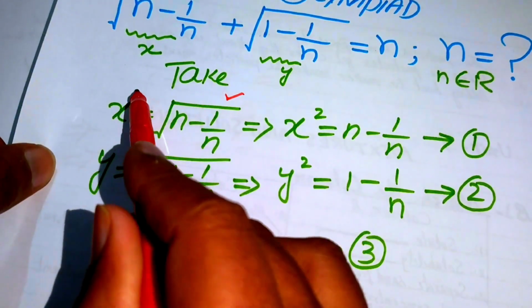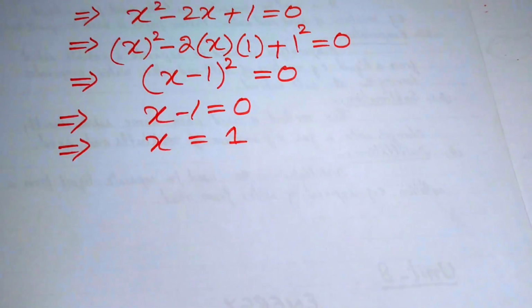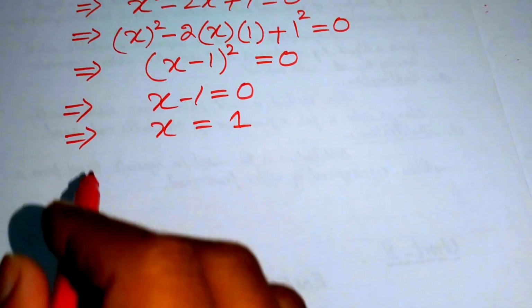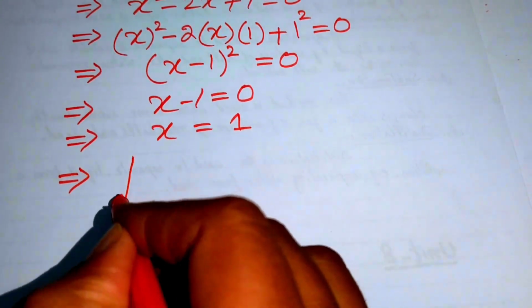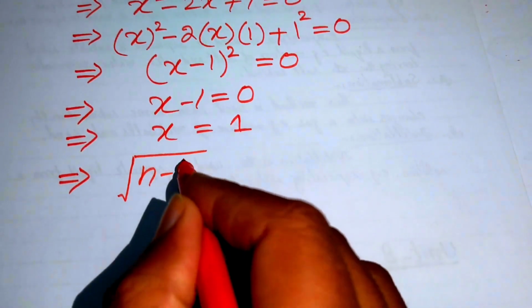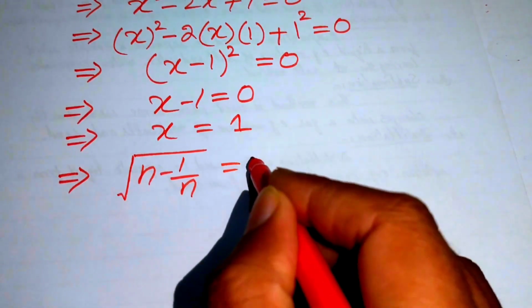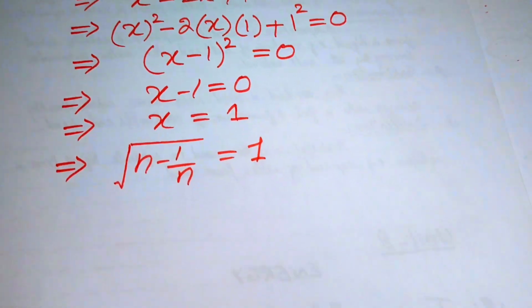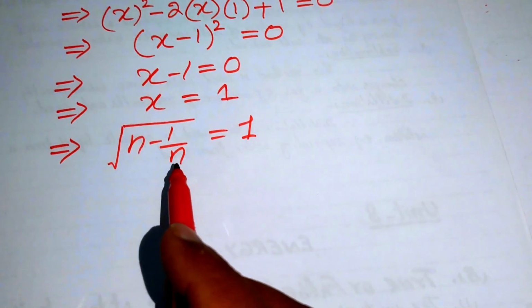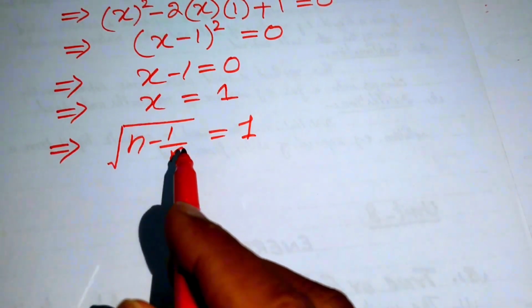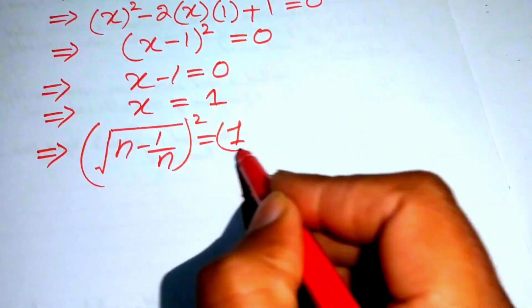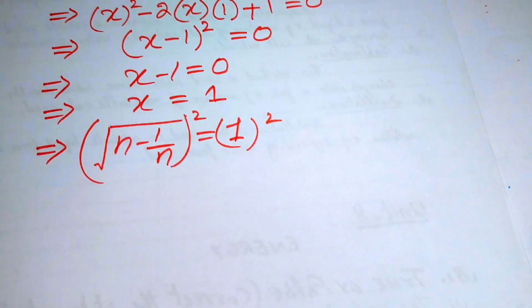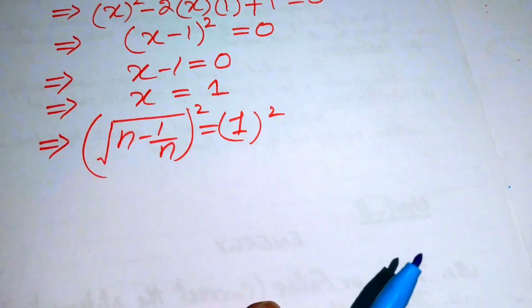So we use this value here, and this implies that the square root of (n-1)/n equals 1. In order to find the value of n, we need to square both sides of this equation. So here we just take the square on both sides.